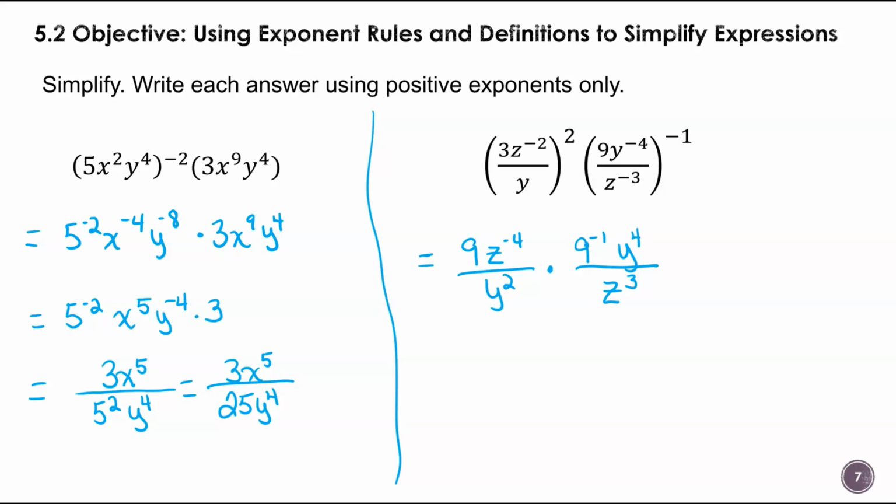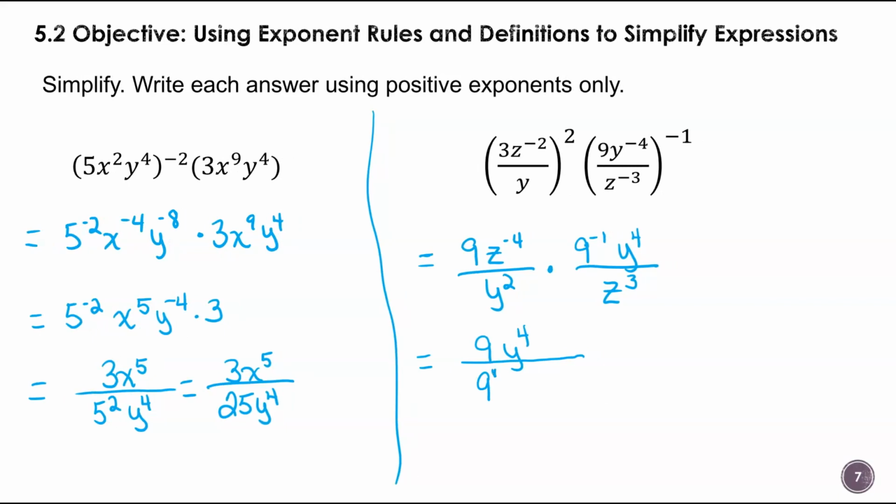Okay, so then I can maybe just simplify my negative exponents and make this one fraction. So what stays in the numerator would be the 9 with an exponent of 1, and y to the 4th. In my denominator, I'm going to take the 9 to the negative 1, so that's going to be 9 to the positive 1.